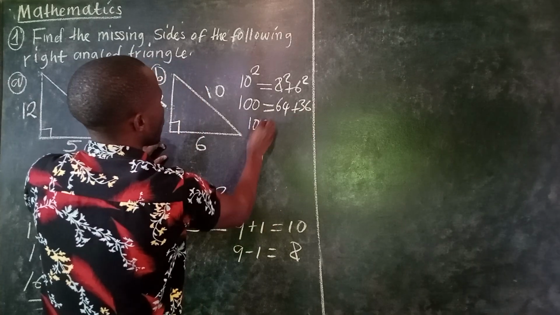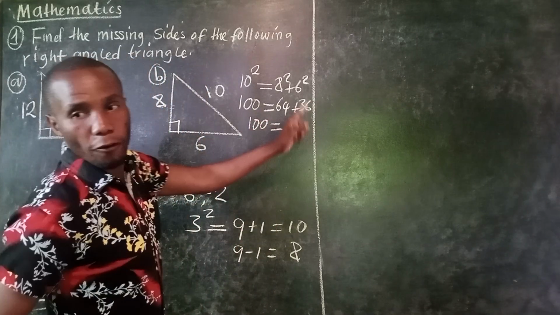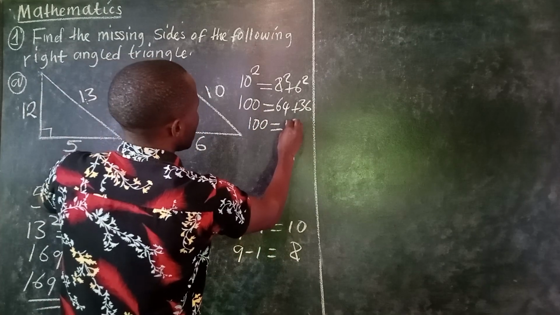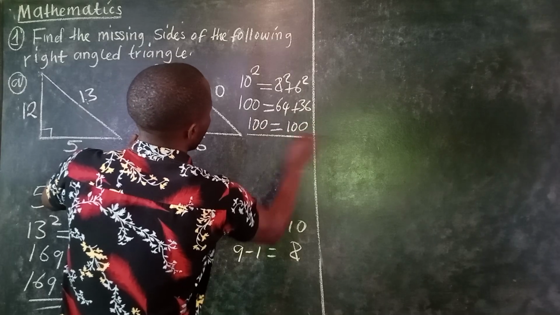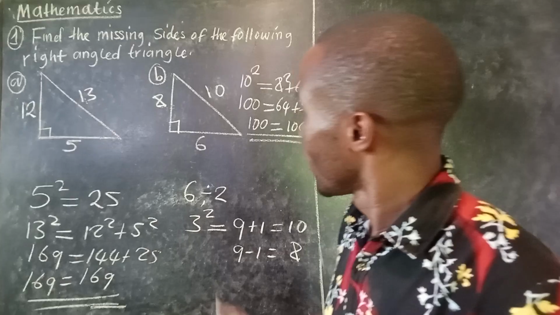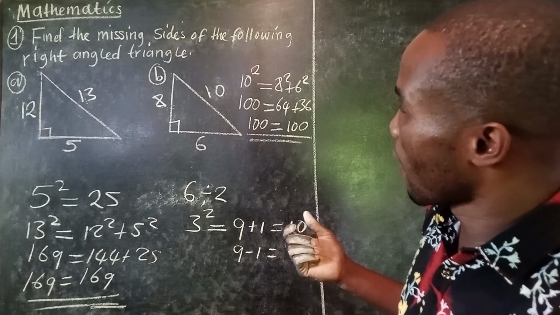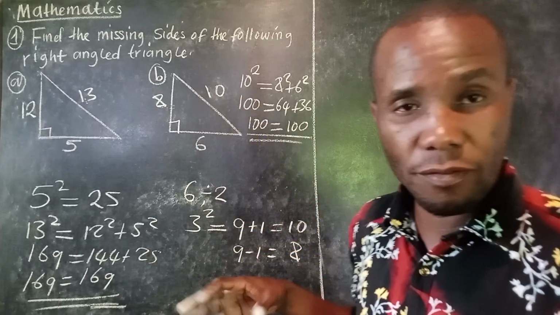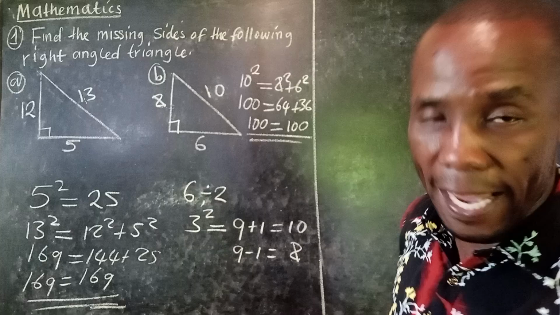So when you add, are we going to have the same? Equals to 64 plus 36. The answer is 100. Hence, the correct answer. So this is the best way to answer a right angled triangle for the missing sides.